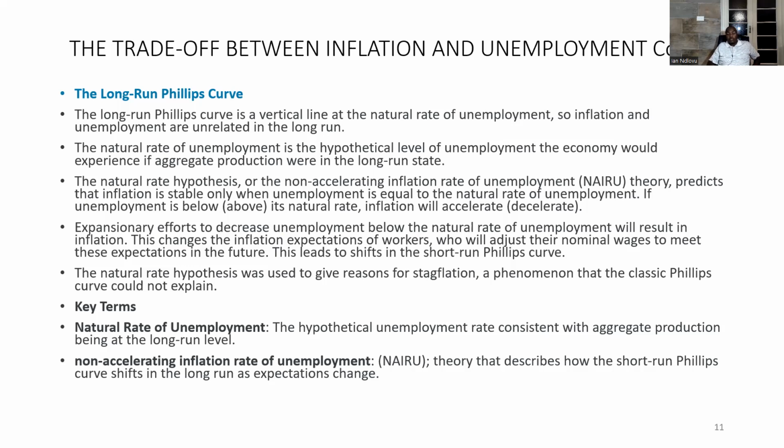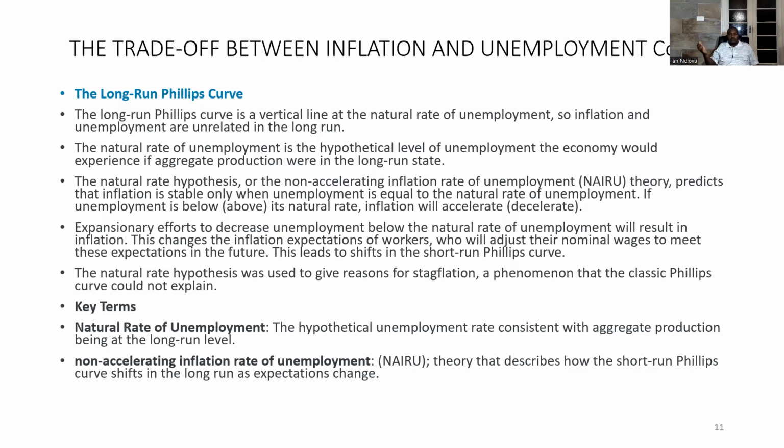What do I mean by the last statement? What I simply mean is that if the unemployment rate is below its natural rate, inflation will accelerate because there will be room to reduce unemployment by demanding more workers, not just demanding more things in an economy.